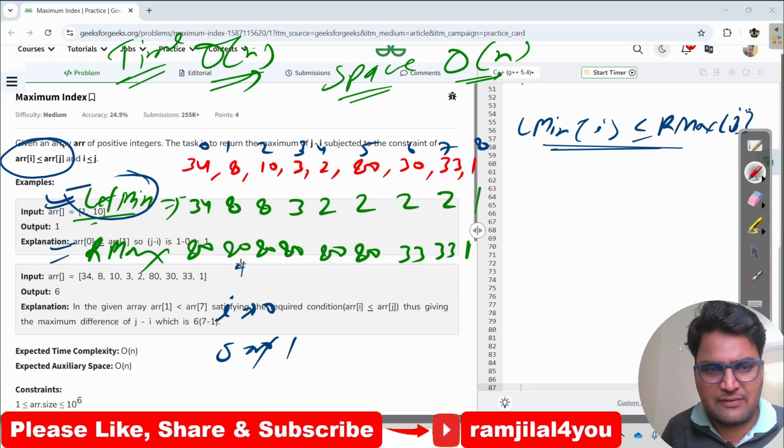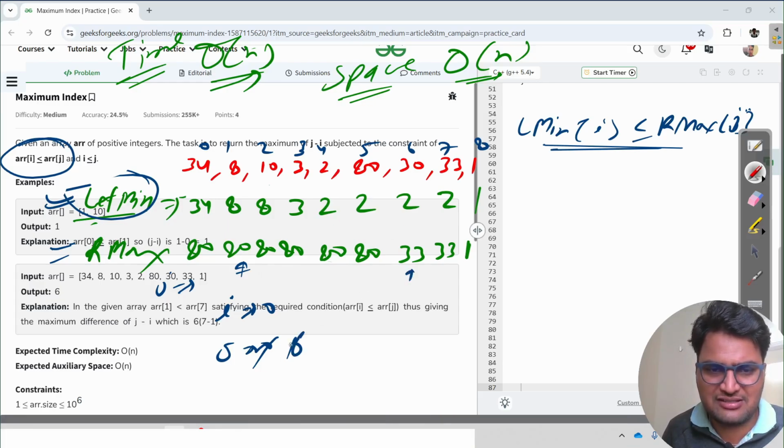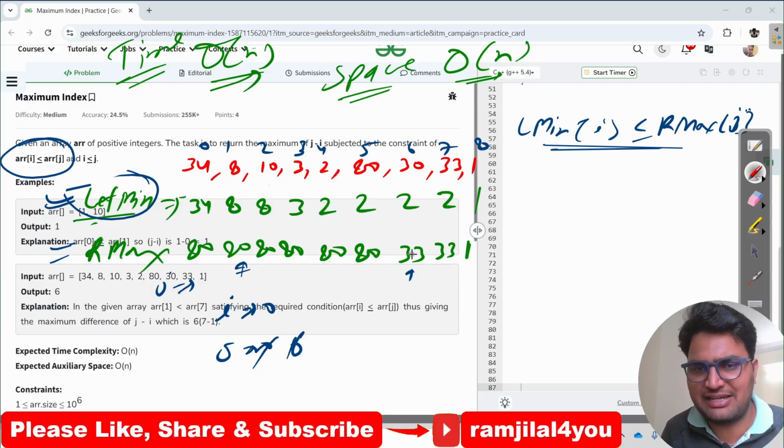So j goes to 1, and so on. Then at the point where j is 6, in that case it will fail, correct? It will fail because left min of i, that is 34, is not less than or equal to 33, right? This condition is false.